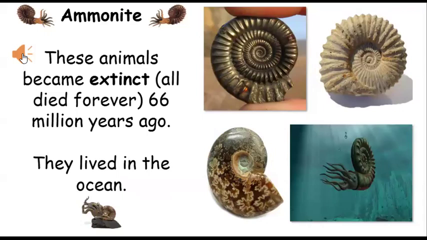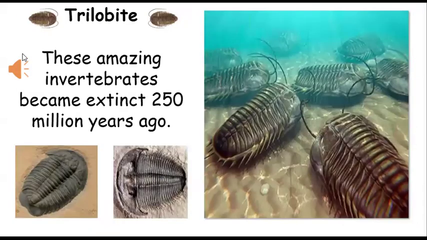These animals became extinct, all died forever, 66 million years ago. They lived in the ocean. Trilobite. These amazing invertebrates became extinct 250 million years ago.